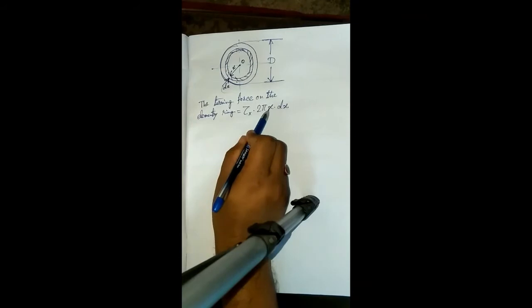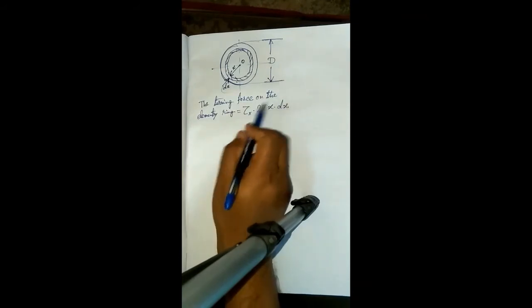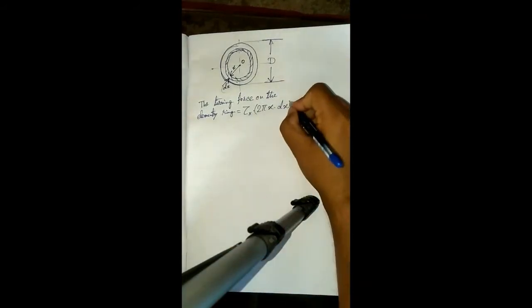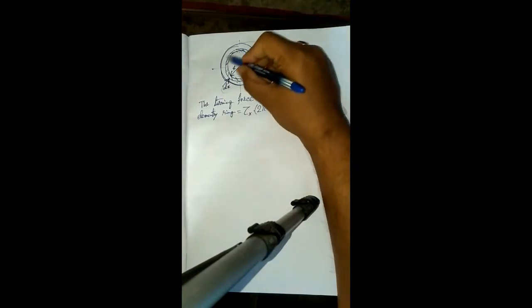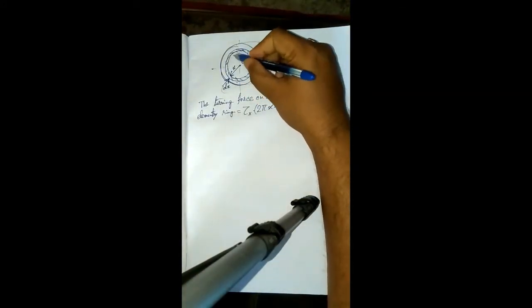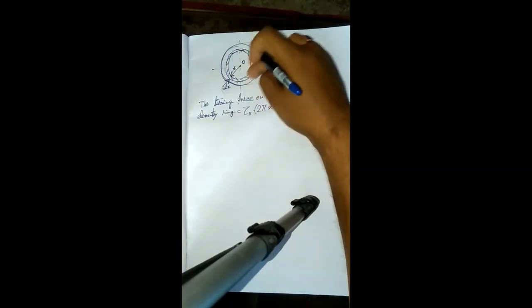Why 2 pi x into dx? This is the value of the area of the elementary ring, because this elementary ring is a circular section.